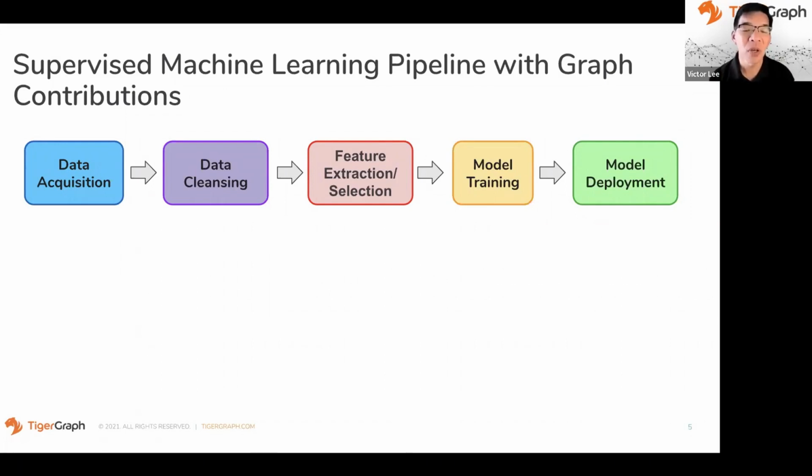It's also good to look at a typical pipeline or workflow for doing machine learning, because this will tell us at what stages and in what ways graph can help. First of all, at the beginning, when you're just gathering your data and assembling it, you made a decision, presumably, to model it as a graph. Since we're talking about graph machine learning, we've got to start off with a graph.